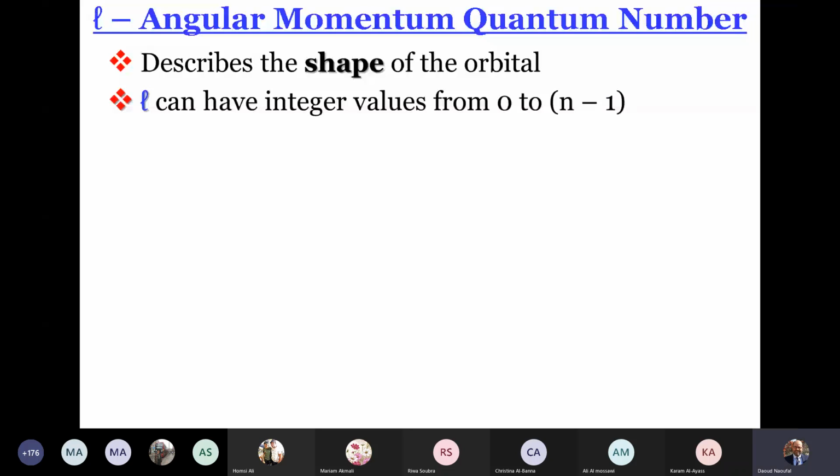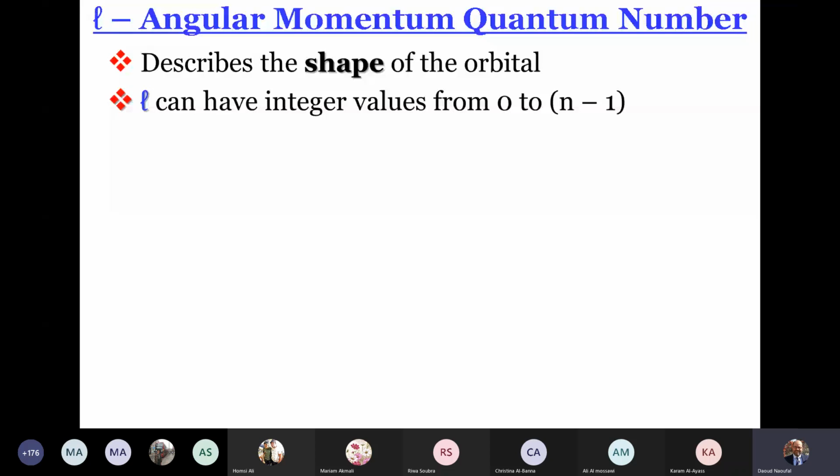In the system XYZ, we say that the electron can take any position around the nucleus, and the coordinates X, Y, Z are independent. In the system N, L, ML, and MS, L is related to N, and ML is related to L. So L is an integer number that has a value from 0 to n minus 1.